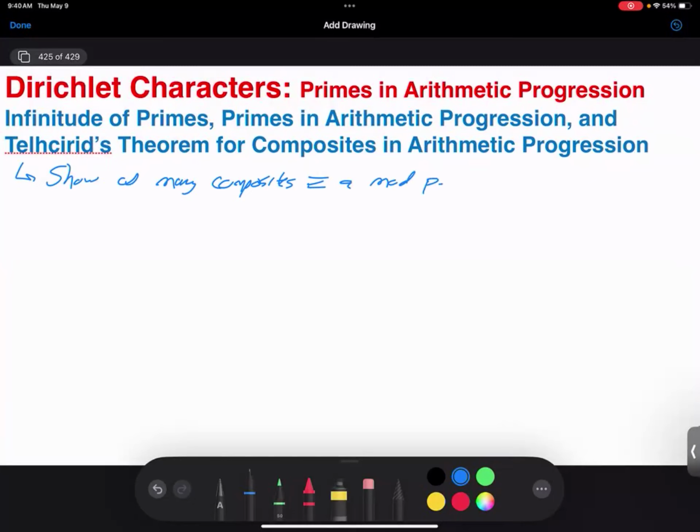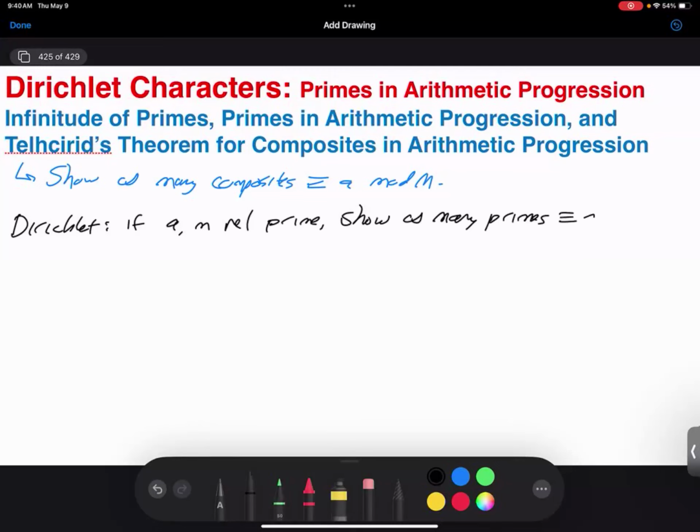We want to show Dirichlet's theorem. So Dirichlet: if a and m are relatively prime, show infinitely many primes congruent to a mod m.